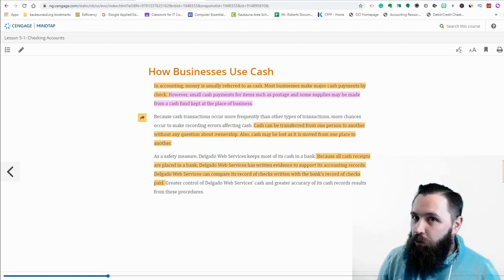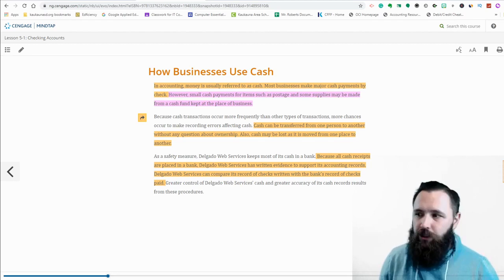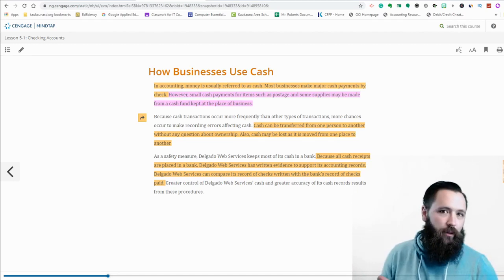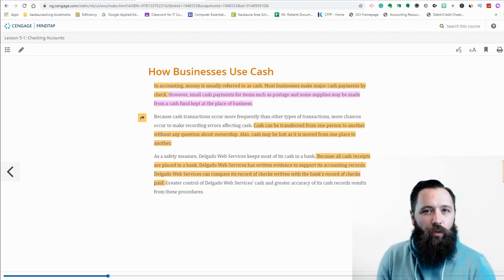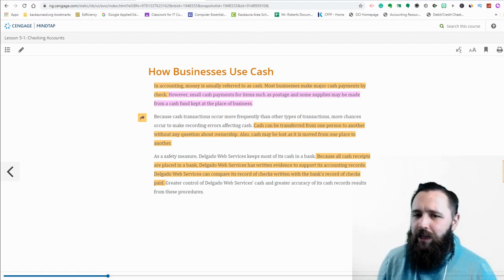And why do we receive checks instead of exchanging cash? Well, cash is really, really hard to track. If you've been a cashier or worked anywhere else before, you probably know that it's easy to lose cash as well. So we want to limit that. We want to have cash control, and a lot of times the way that we do that is by using checks.